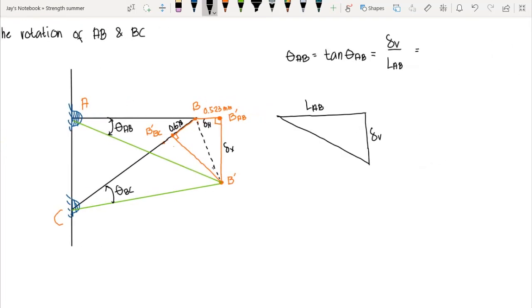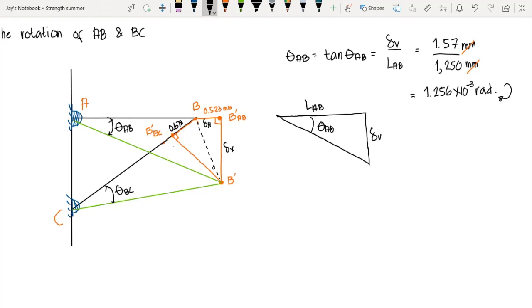We computed the vertical displacement as 1.57 over the original length of AB, which is 1,250. This one is in millimeter and this one is also in millimeter. Then the angle AB is equal to 1.256 times 10 raised to negative 3. Since we can cancel out millimeter and millimeter, our unit here is radian. So the rotation is clockwise.